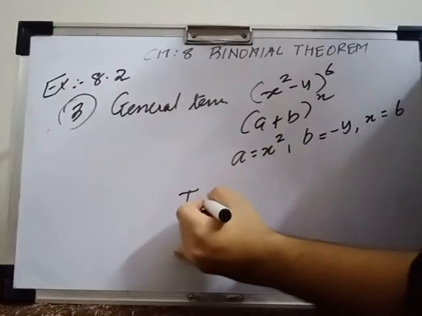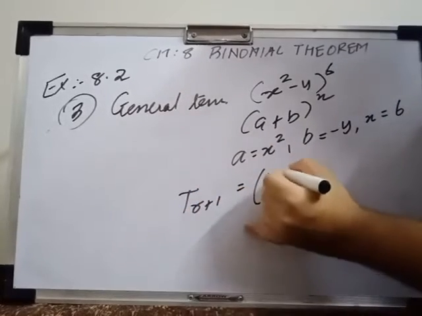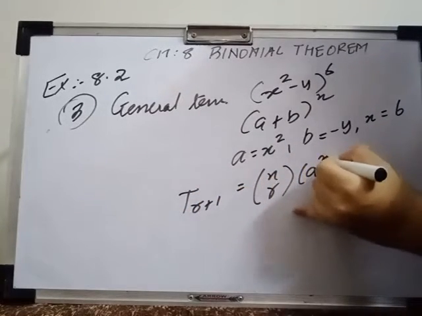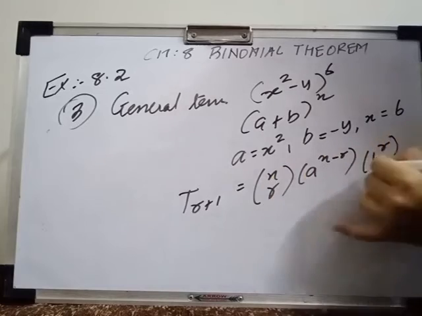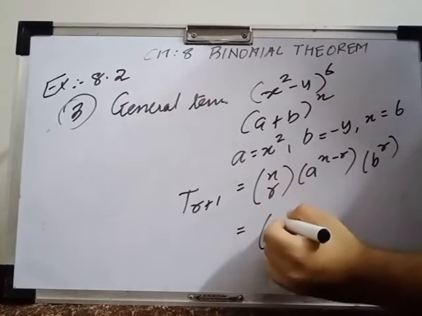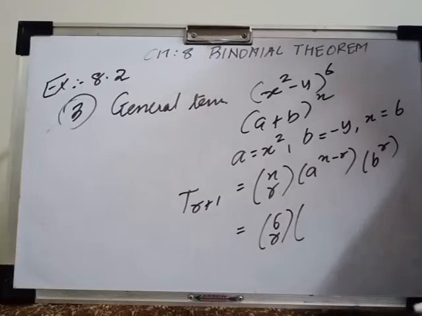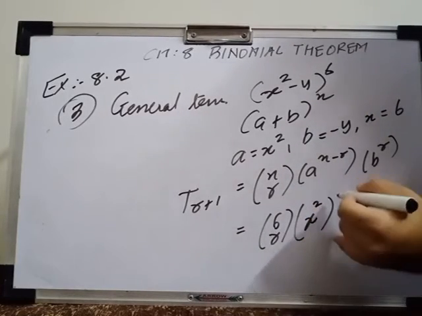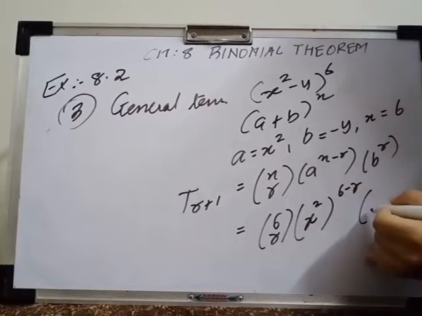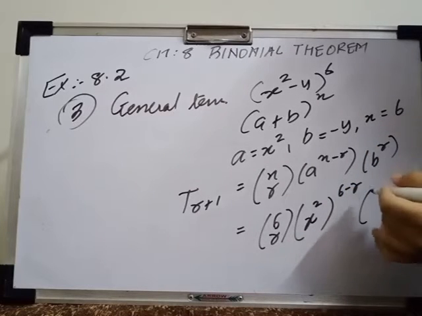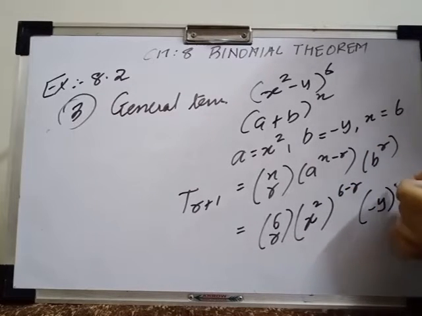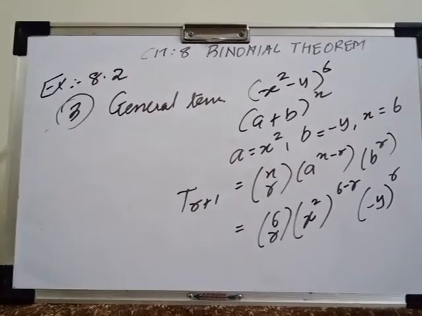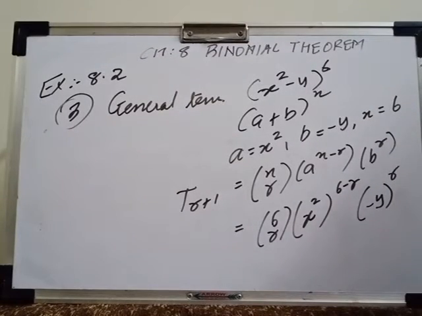So the general term formula is T r plus 1 is equal to n combination r, a raised to n minus r, b raised to r. So we'll keep n as 6, r as it is, a as x square raised to n minus r, and b raised to r is minus y raised to r. So this is my general term.